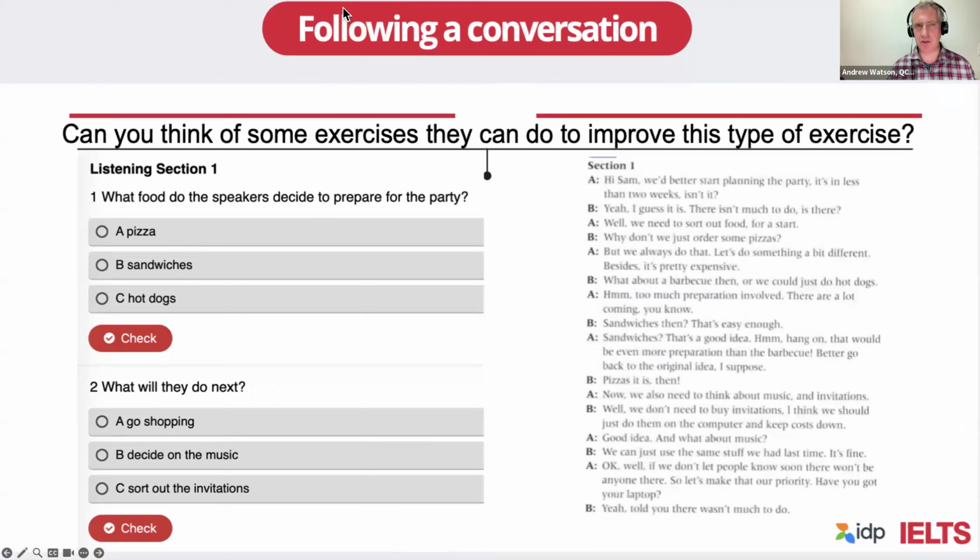Now, when we're working on this sort of functional language, it's important that you actually teach the students the way to respond, like, good idea. Like, X, it is then. And how to reject.